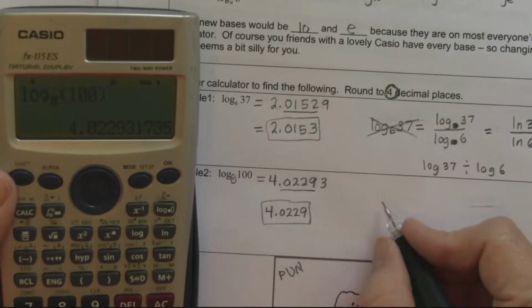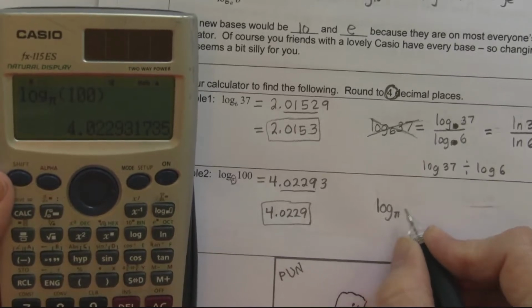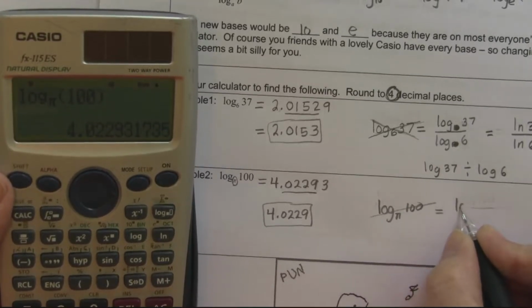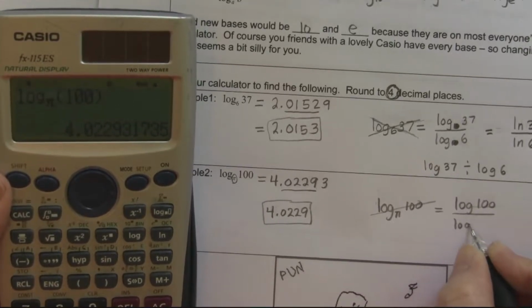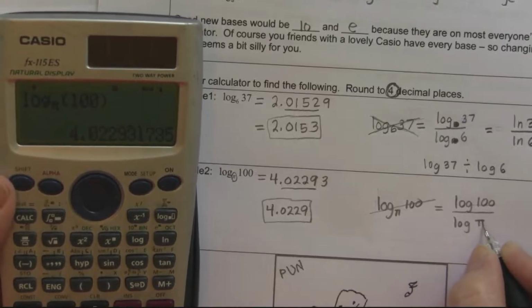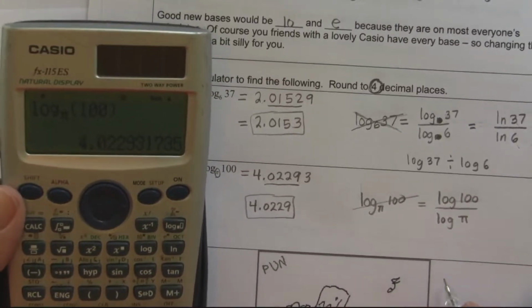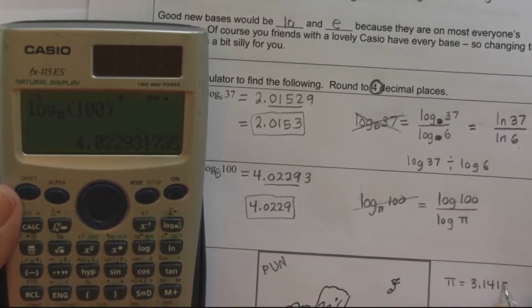And of course, you can put this in your calculator, log base pi of 100. So you can put in log of 100 over log of pi. If your calculator doesn't have pi, you can use pi equal to 3.14159.